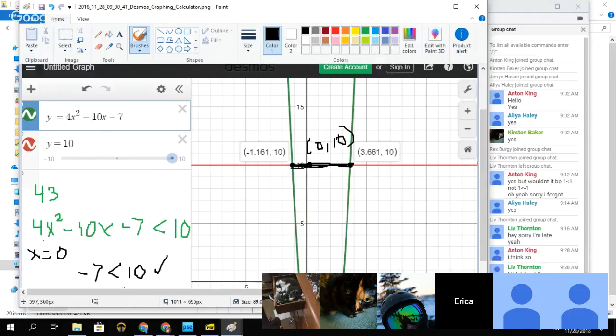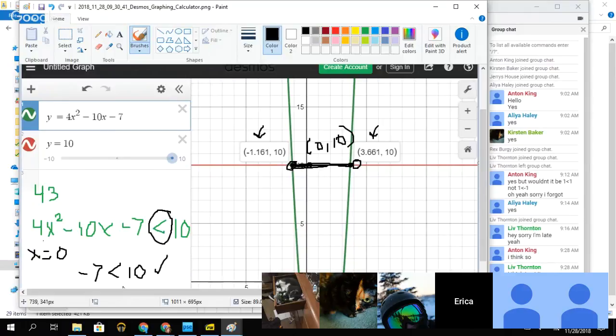Okay. And then I have to figure out, these are my two endpoints. My endpoints are at negative 1.161 and at 3.661. Are those two true? Well, because I see that my inequality doesn't have a less than or equal to sign, that means each point is an open circle.